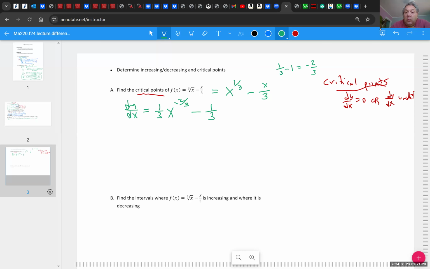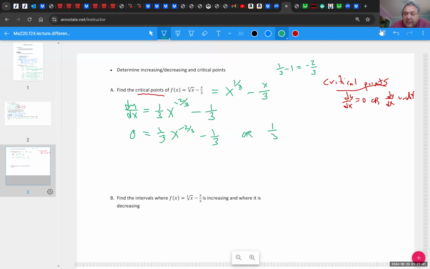So I need to find out when this is equal to 0 and when it's undefined. All right, my handwriting is not the greatest with these pens, but I'll work on it.